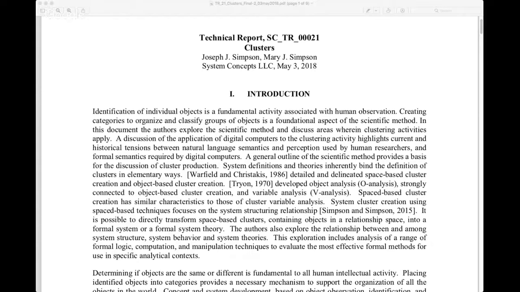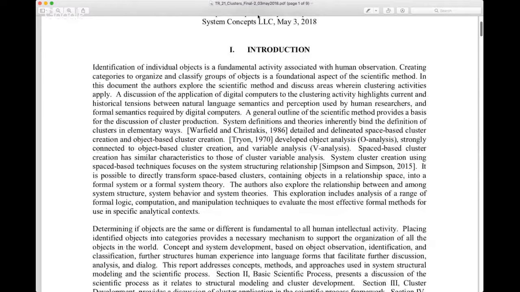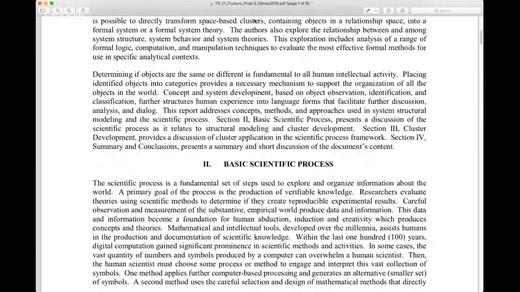Which is interesting because that really started introducing some fundamental issues between human perception and the formal languages needed for computer computation and analysis.